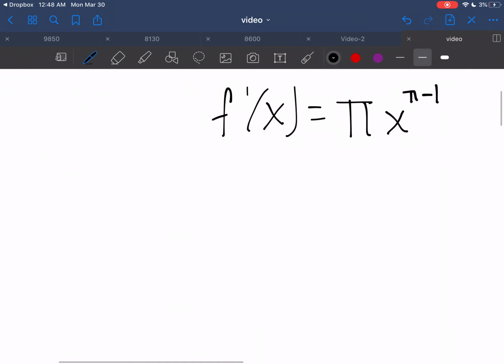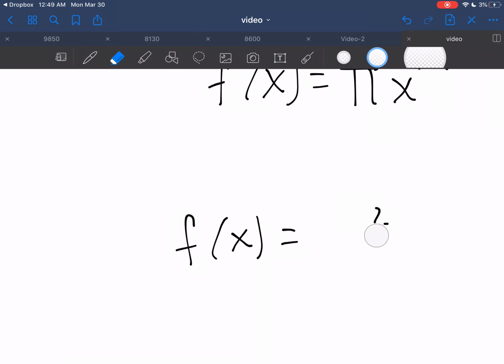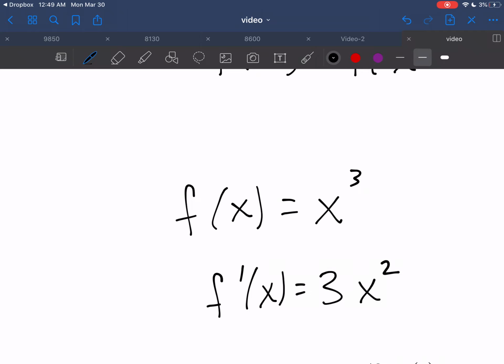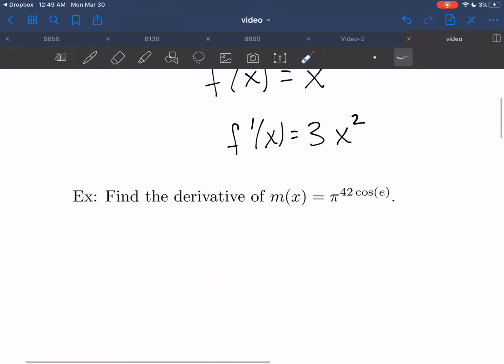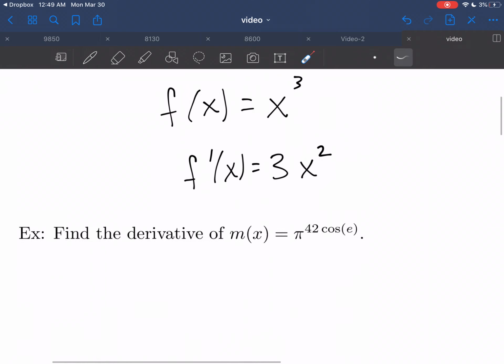If it was something like x cubed, then f prime of x would be 3x squared, because we do the 3 minus 1 and then write out the result of that. Now notice something.